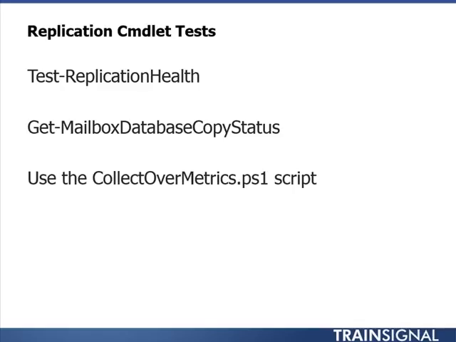There's a script called the CollectOverMetrics.ps1 script. This collects data from performance counters, and it will generate a report on the different statistical data that it pulls in. There's also the New-MailboxRepairRequest if it's a problem with a specific mailbox. So these different types of commandlets can really come in handy. Now let's jump over to our Exchange environment and let's take a look at how these work.